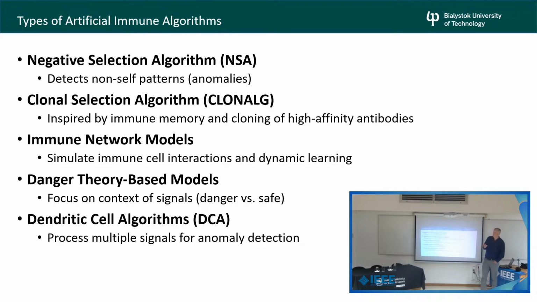Inside the artificial immune system, algorithms have been developed, and those algorithms can be applied to different domains. Here, you can find the basic algorithms. We have the negative selection algorithm.